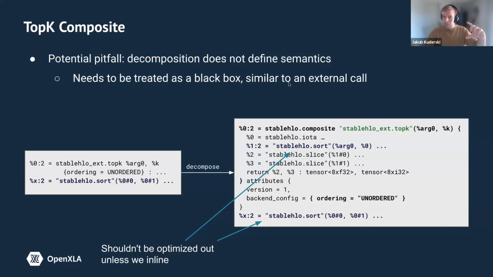Because if we then take the composite and turn it back into the StableHLO ext op, the second sort that follows it has to be present, because it's not guaranteed that the sorting will be performed internally. So we have to be careful here, because with this expansion, we have to treat the decomposition as a black box, and we can only depend on the definition after we inline. Before we inline, it's similar to making an external function call.